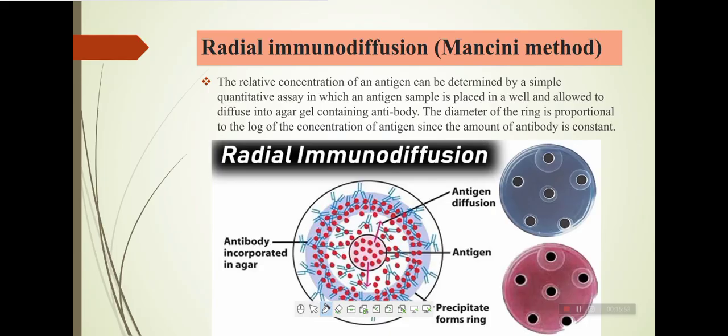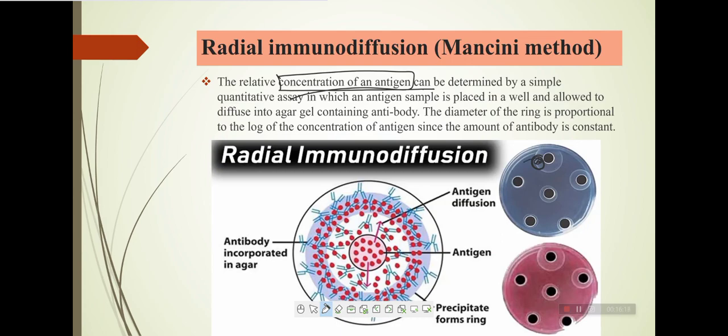How can we determine the concentration of the antigen? We determine it by measuring the area.